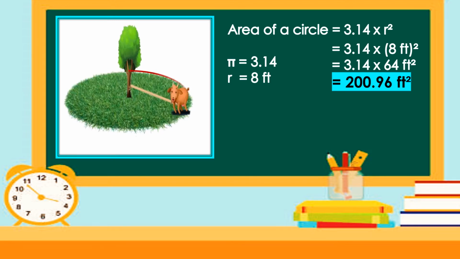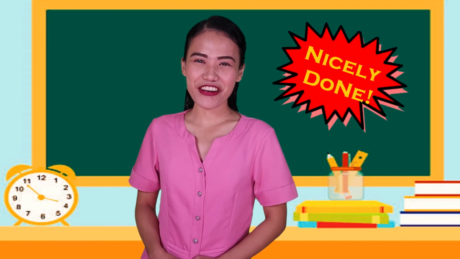So, 3.14 times 64 square feet is equal to 200.96 square feet. Nicely done, everyone!